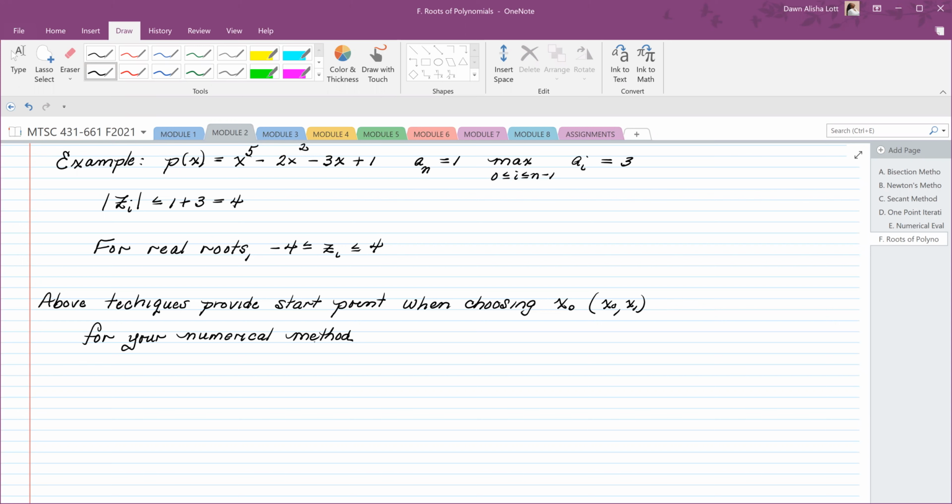Okay, so what we have left, I think I wrote it down. So we have left Aitken's method.